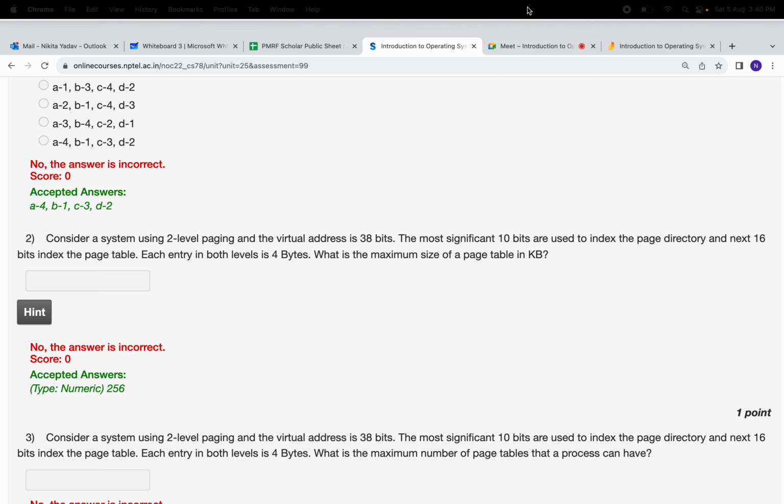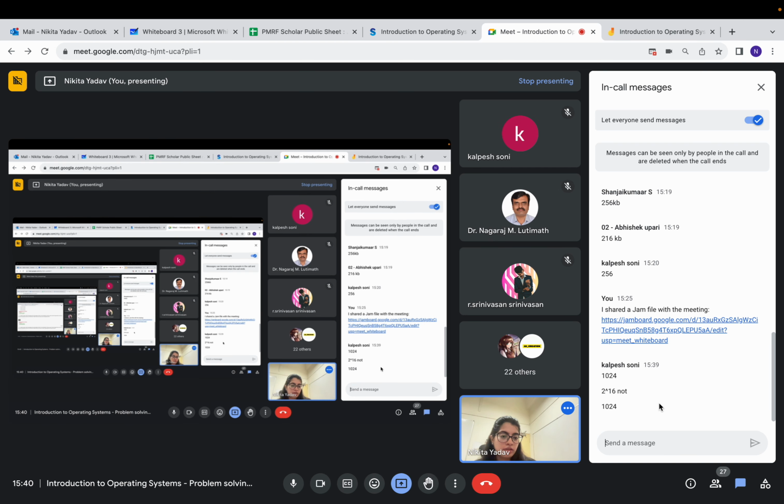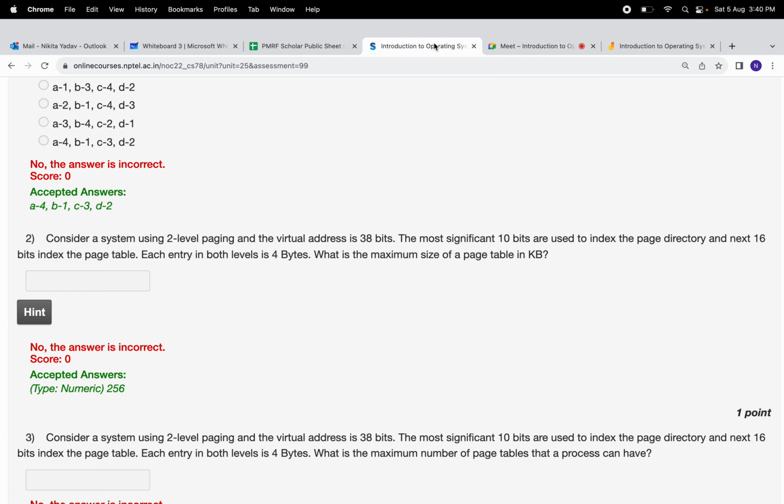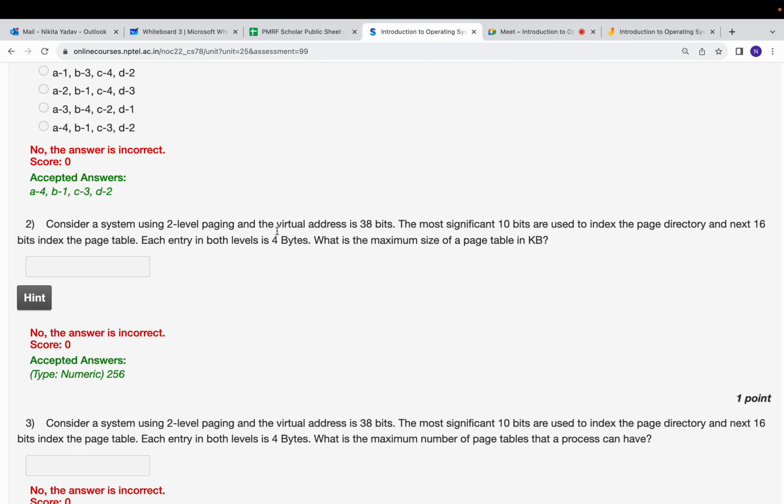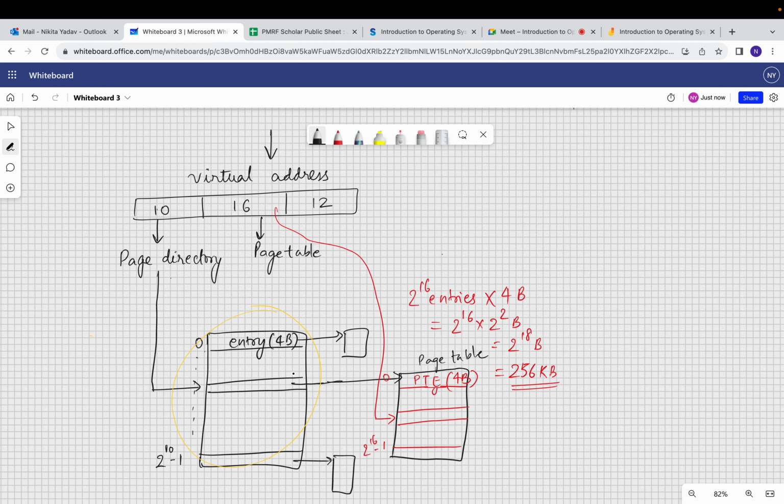Okay. So let's see. I got one answer as 1024. So 1024 is the right answer. Question is asking the maximum number of page tables that this process can have. So if we go back and look here, every entry in the page directory is pointing to one page table.